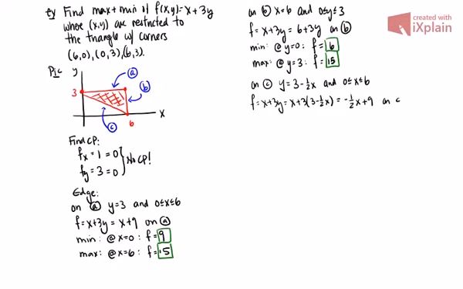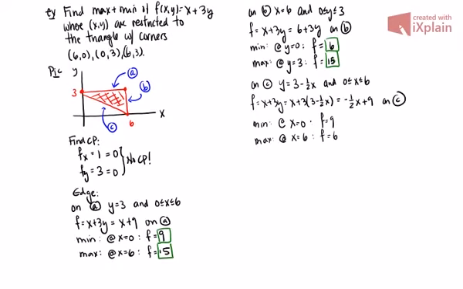Again, this is on C specifically, where the minimum is at, in this case, x equals 0. f will be 9. And the maximum will be at x equals 6. This will be negative 3 plus 9, so f is 6.